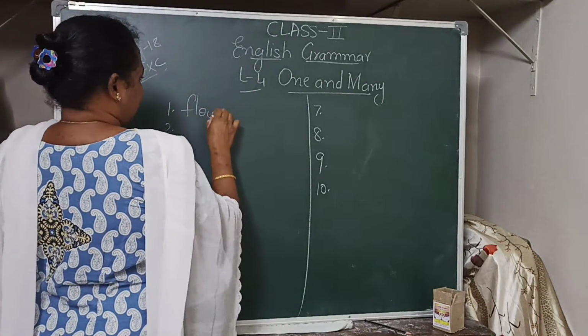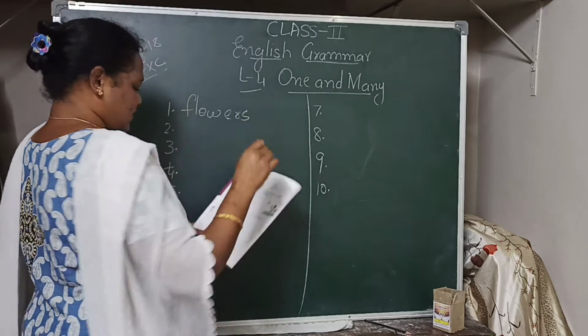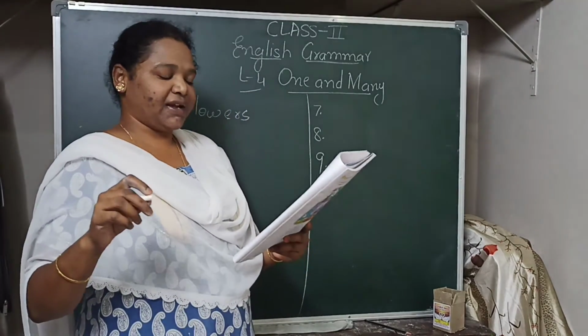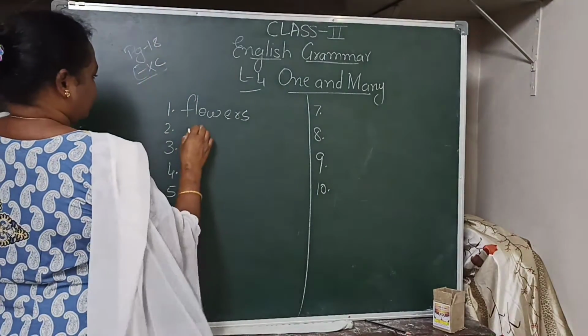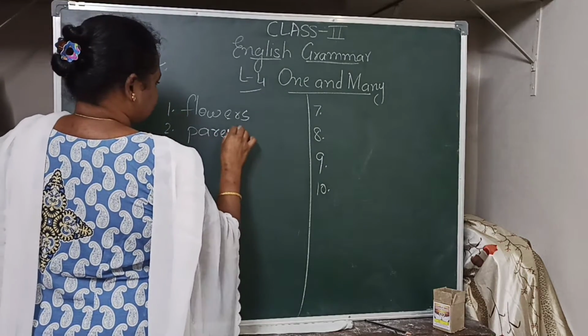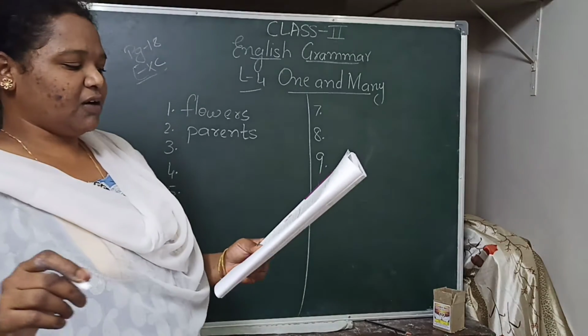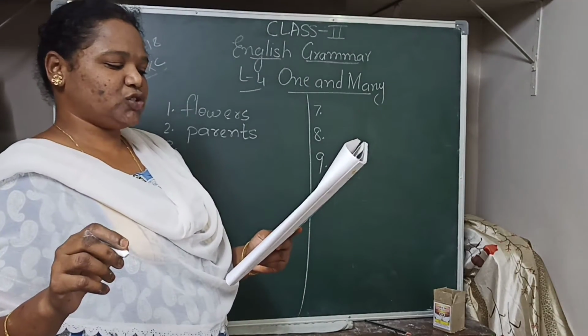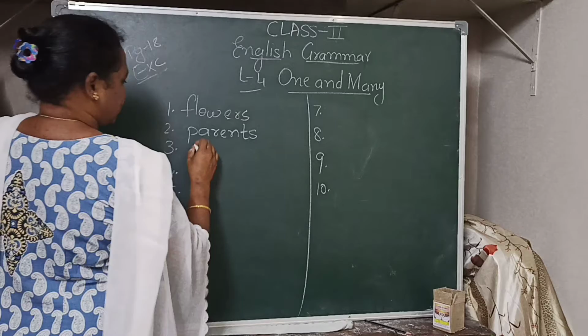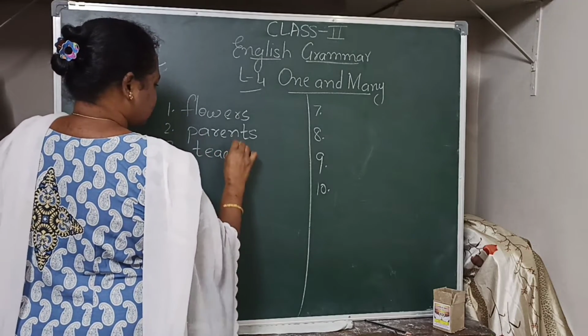So I am writing the correct options. Flowers. Second one, we should listen to our parents. Parents. Third one, our teachers organized a puppet show for us. So the correct spelling of teachers is.